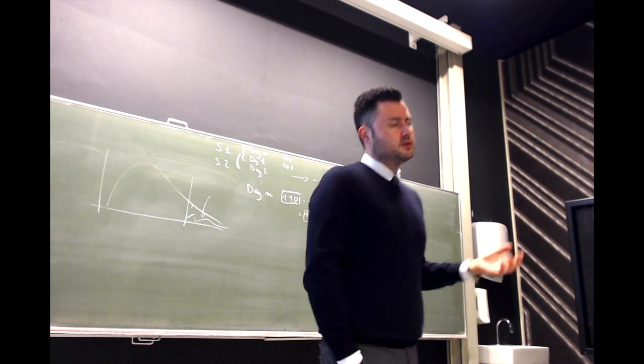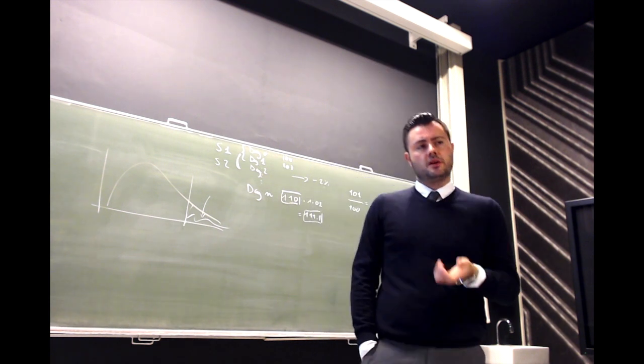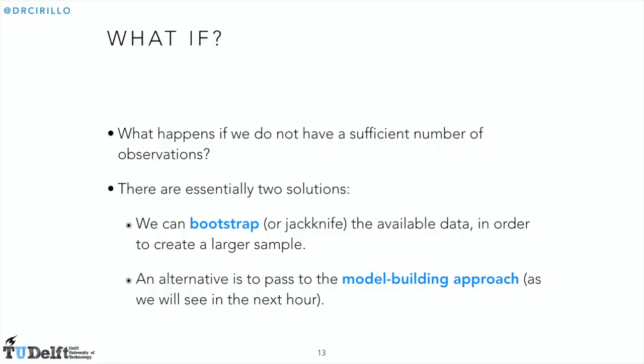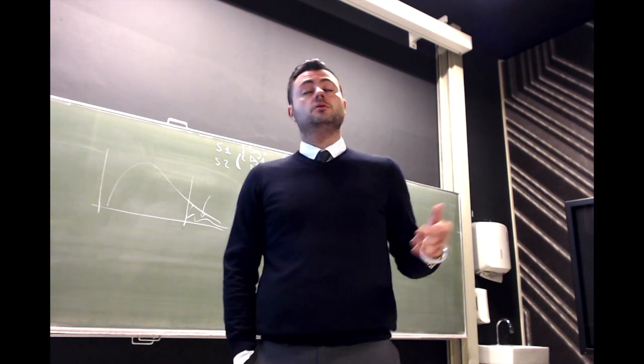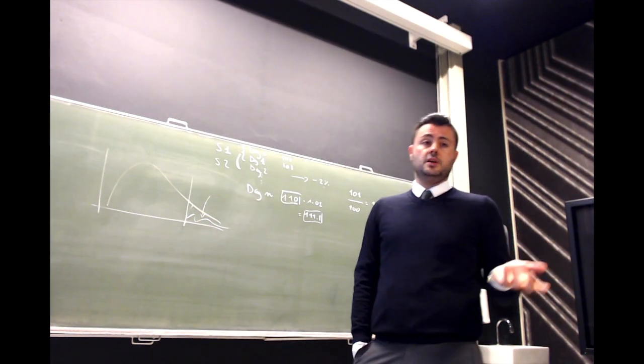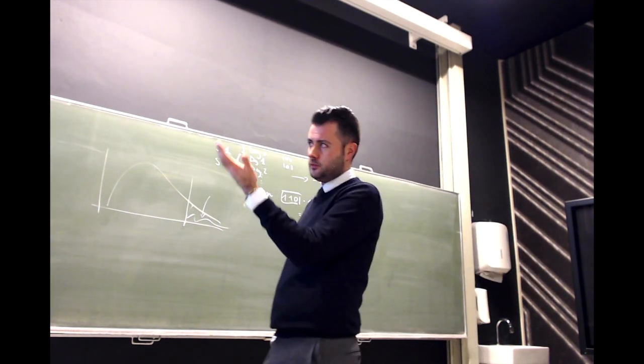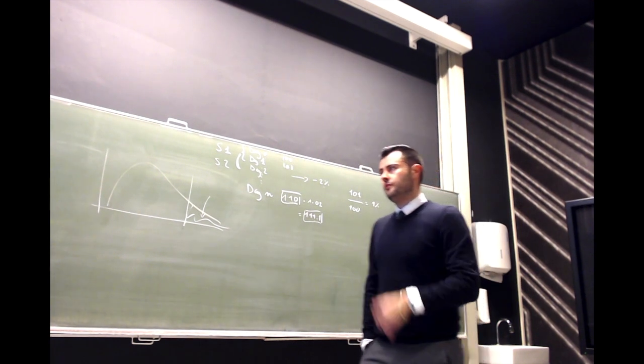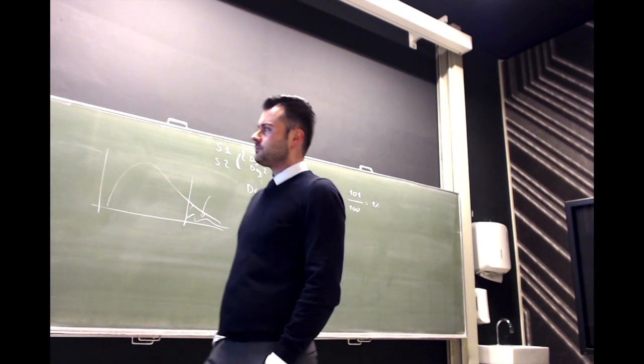There are statistical techniques of data augmentation, like, for example, bootstrap and jackknife, that I can use to increase the number of observations. Here, the regulator will decide if I can do that or not. If I just need 10 extra observations, you can safely use those techniques. If you have 3 observations and you want to generate 500, obviously you are not allowed. Otherwise, you move to the model building approach.